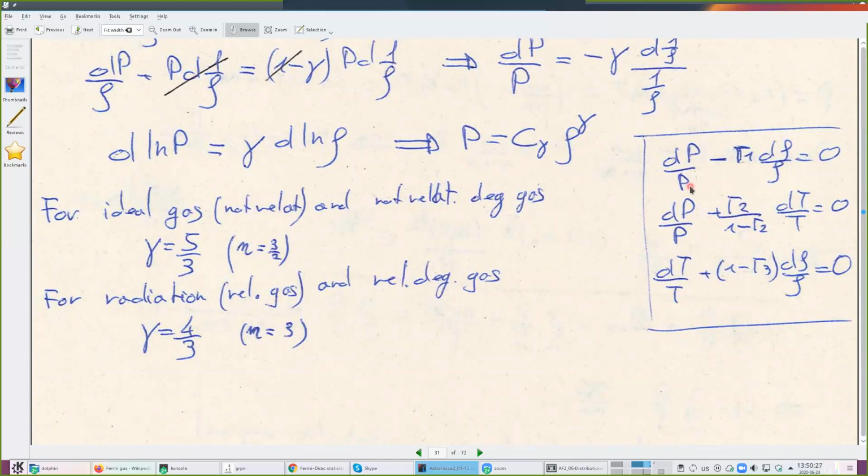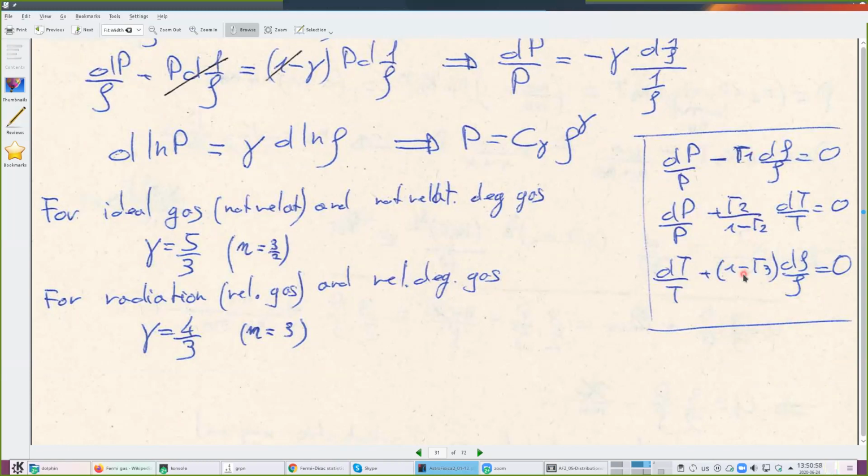Actually, in the adiabatic process, there is a connection between pressure and temperature, that is this value. It's just that we can express the pressure as a function of density only. So we have a relation with a constant between pressure and density, pressure and temperature, temperature and density.